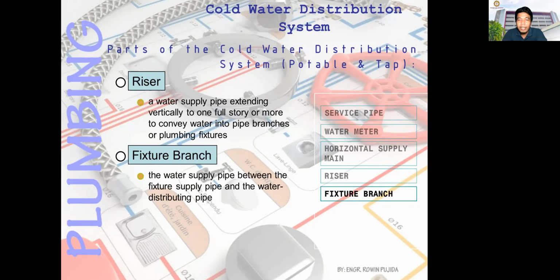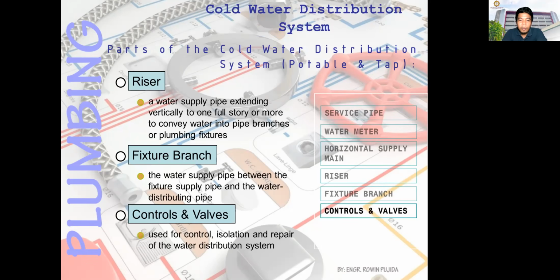So from the horizontal supply main pipe, connected to that is the fixture branch. Next, you have controls and valves, used for control, isolation, and repair of the water distribution system. Next is storage tanks.